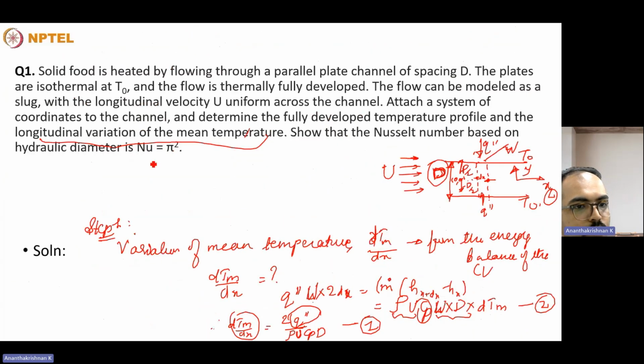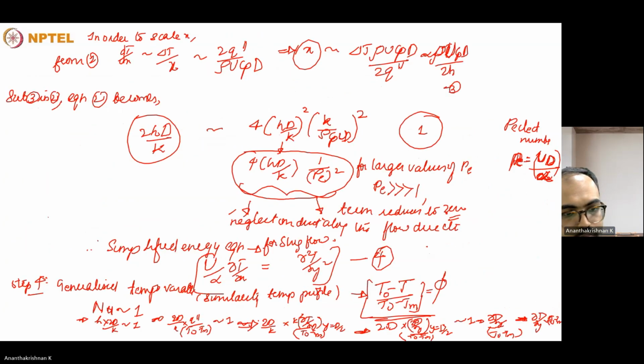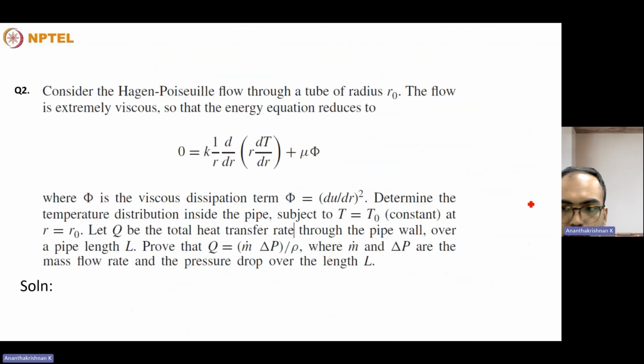So that was a long problem, solving the Nusselt number based on the hydrodynamic diameter, and a generalized value of temperature profile by solving the energy equation, the differential equation. Now we can look into the second problem, and I'll also try to solve it within a couple of minutes.